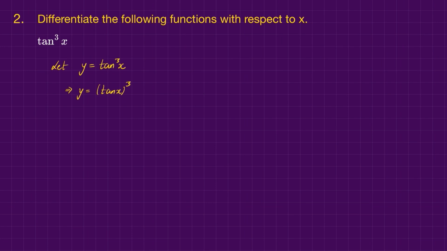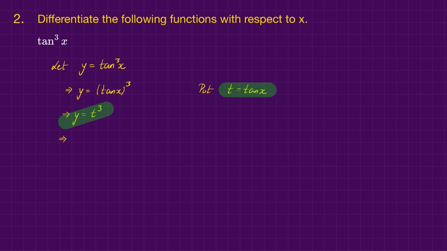Now let me put tan x as t. Therefore y can be written as t cube. Since I have written tan x as t, my y can be written as t cube. Here also I have two equations where it can be seen that y is a function of t and t is a function of x.